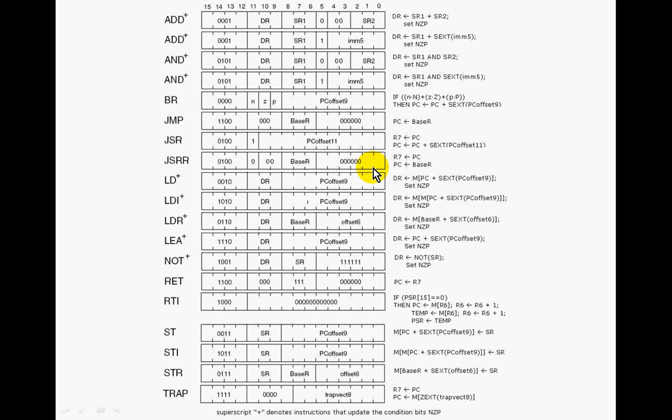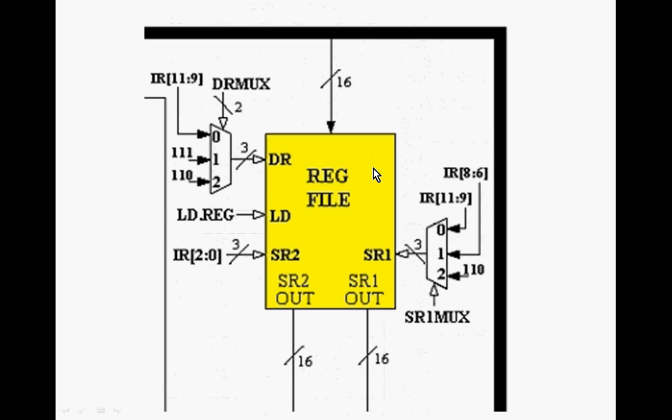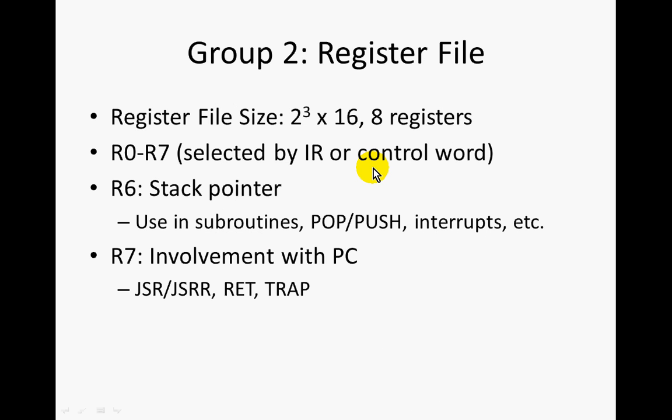Working alongside R6 as the stack pointer, multiple PC values can be stored sequentially and recalled, allowing the function of nested subroutines, or subroutines within another subroutine. Much of the LC3 functionality relies on R6 and R7, so their independent inclusion as source signals should come as no surprise.